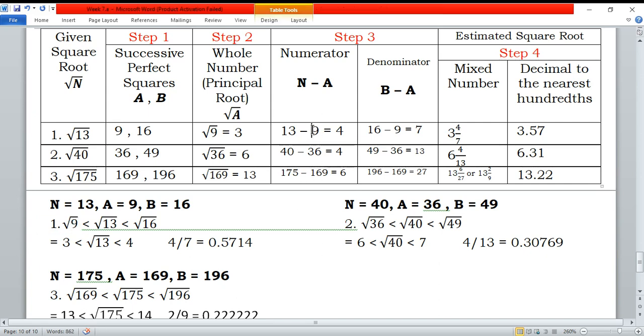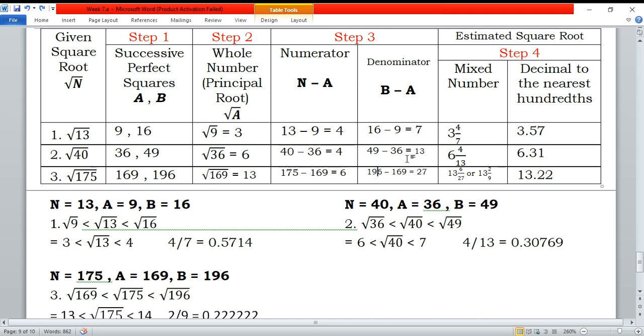So, then, kukunin natin yung difference nila. So, kaya 13 minus 9 equals 4. Ang b naman ay ito, yung 16, 49, and 196. 16, 49, 196.